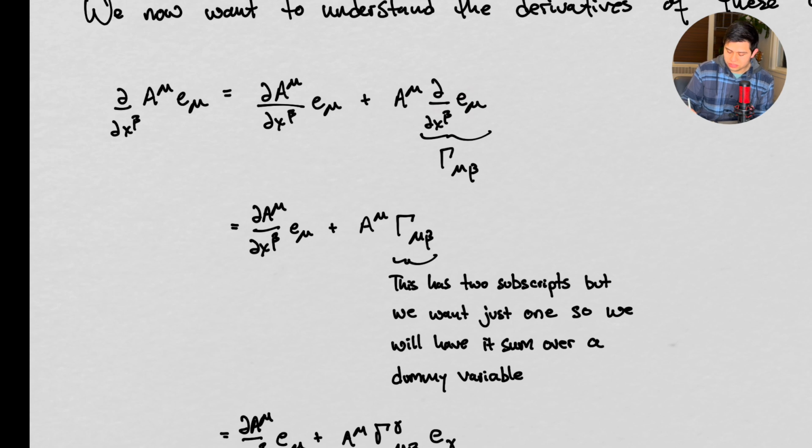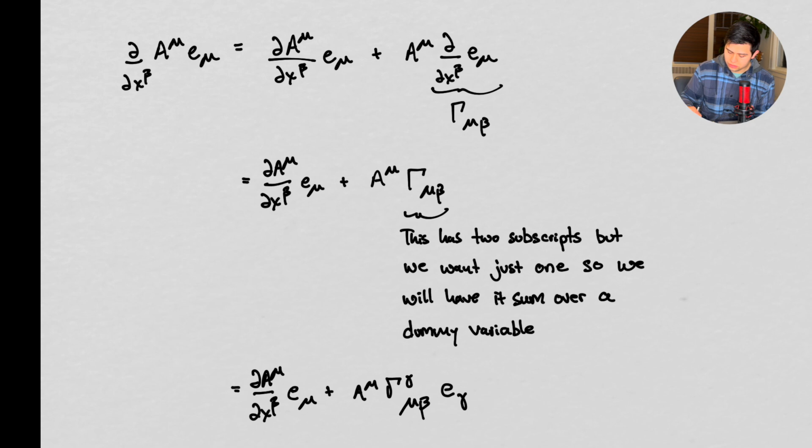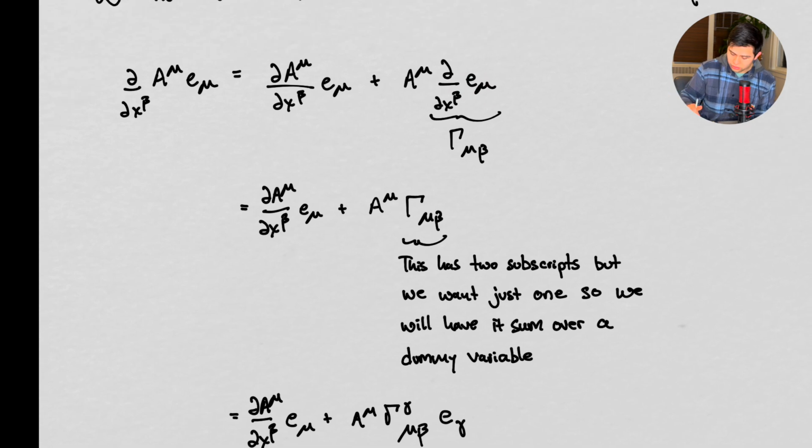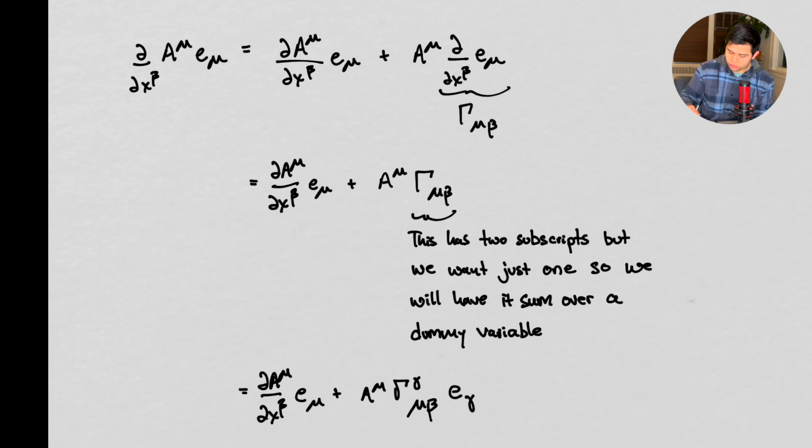Now, usually the basis doesn't change. If you're talking about flat space, Minkowski metric sort of thing, this basis is not going to change. And so if this doesn't change, this is 0, and the derivative really just turns out to be this. However, on a curved manifold, they could change, right?